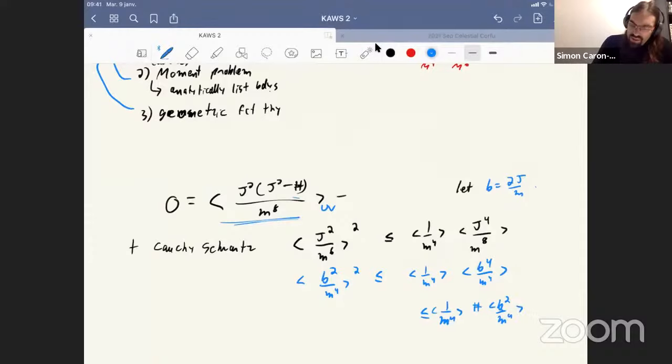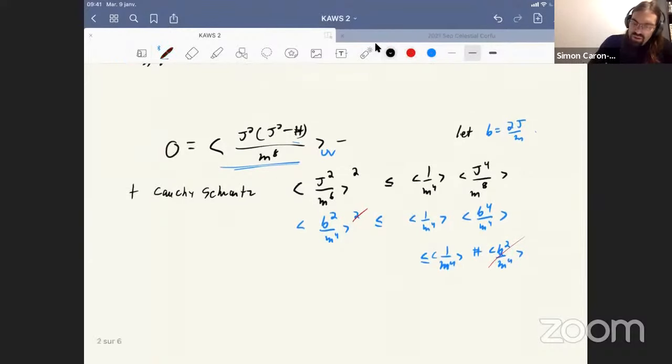So we can cancel one power on each side, and you end up with the following very nice inequality: the typical impact parameters of the things you can produce is less than a constant times the average probability that you produce something.